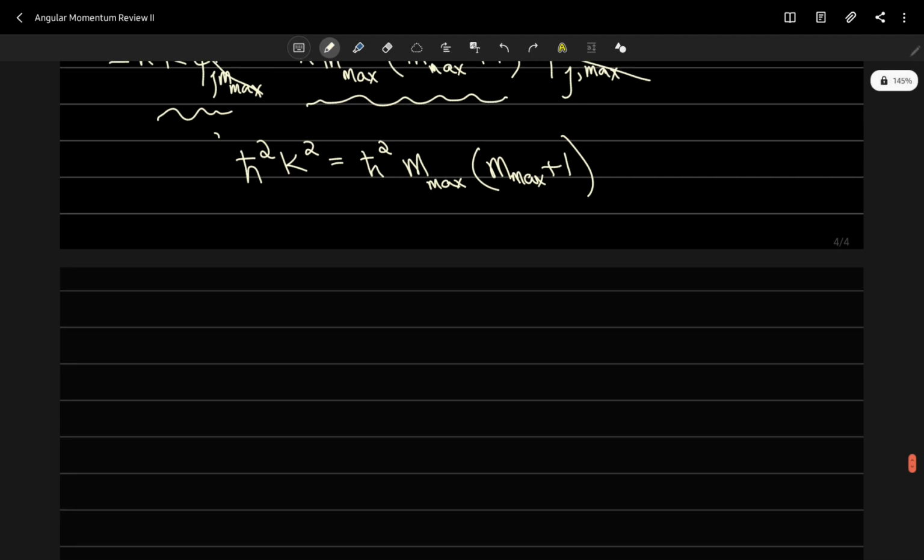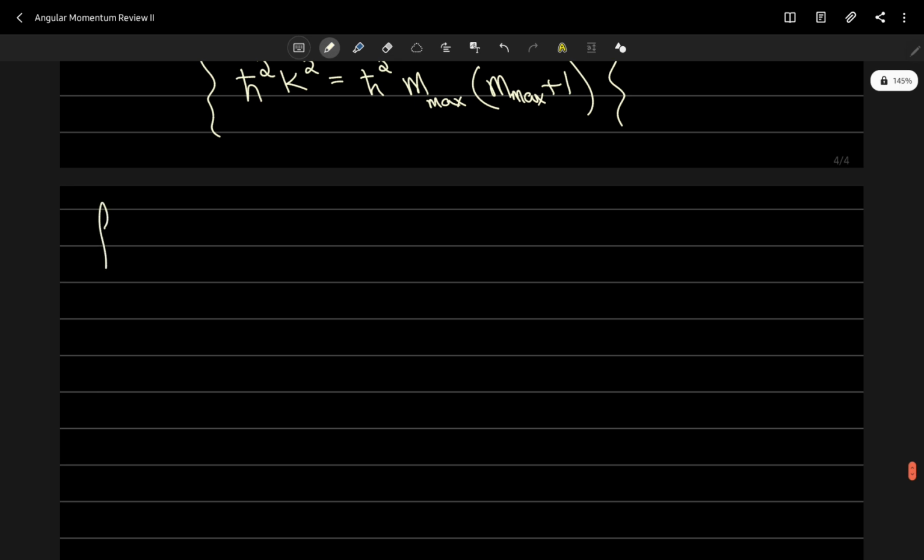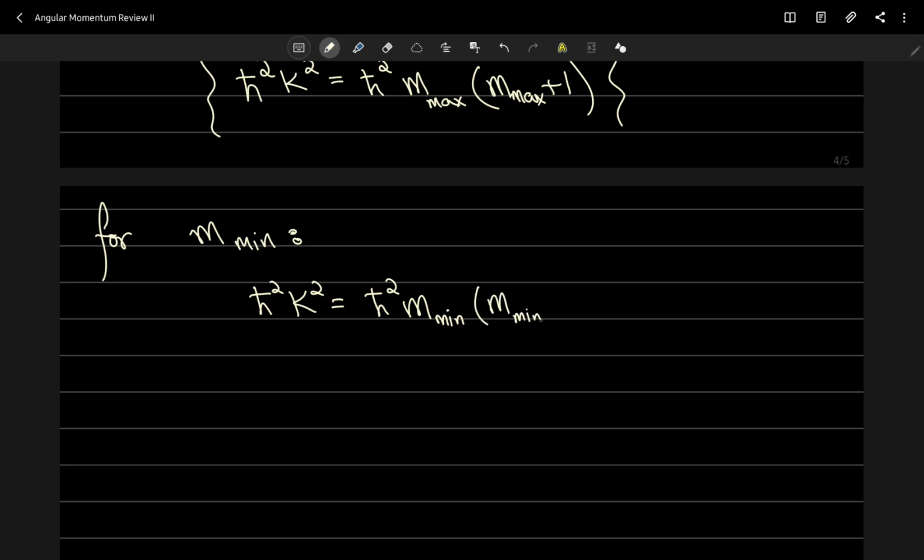For m minimum, what you get is h bar squared k squared is equal to h bar squared m minimum times m minimum minus 1 this time, right? So this is what you get.